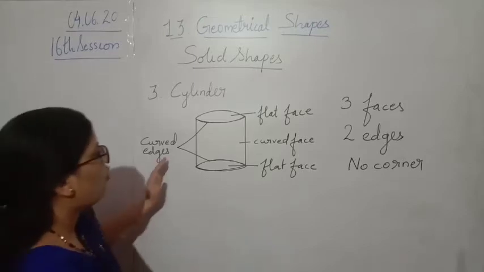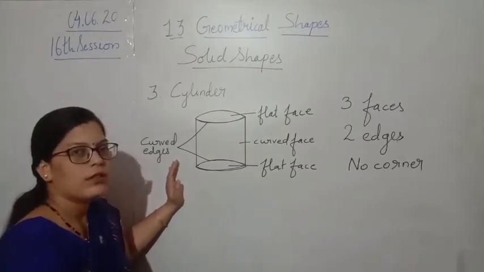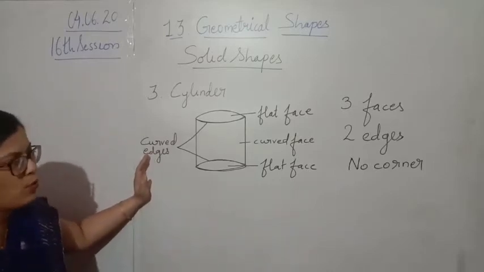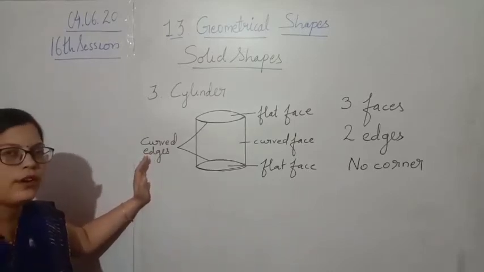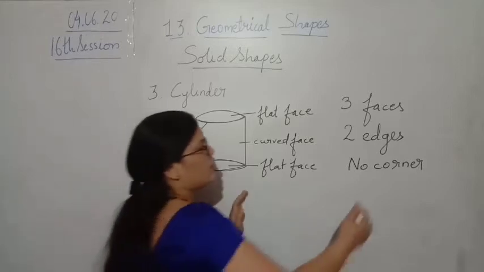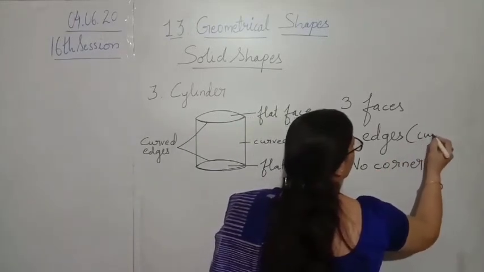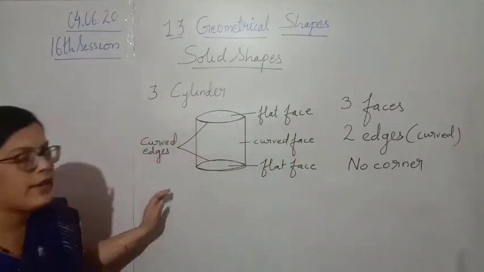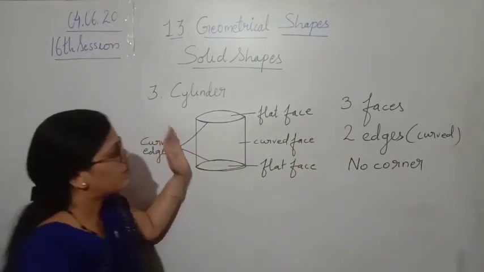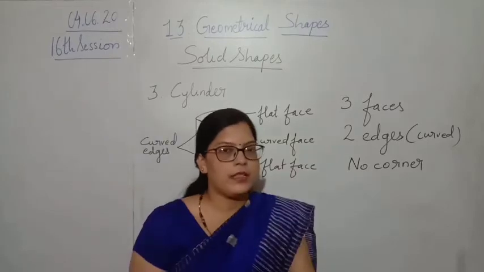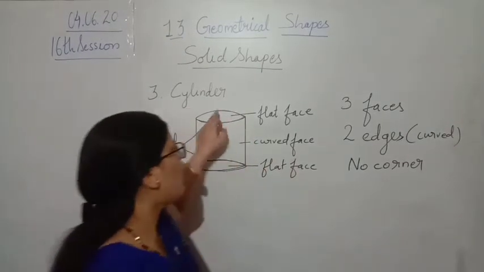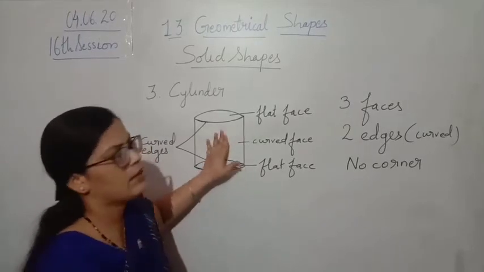I hope the shape is clear to you. So it has 3 faces, 2 curved edges and no corners. Among these 3 faces, 2 are flat and 1 is curved.